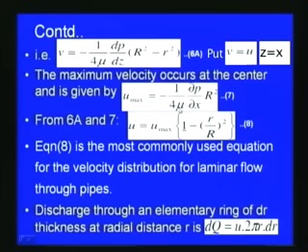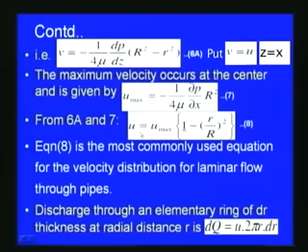So, if you use equation number 6a and 7, here we assume the longitudinal direction, coming back in this direction. So, we can write the velocity variation in terms of the maximum velocity: u is equal to u max into 1 minus r by R whole square, as in equation number 8.